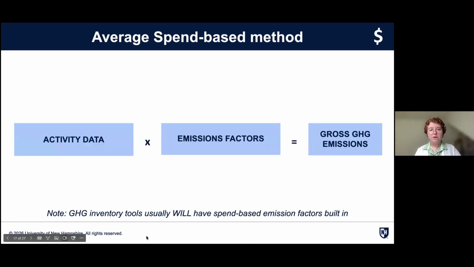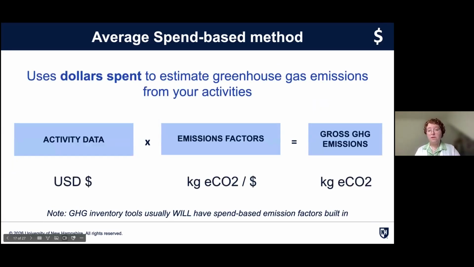With the average spend-based method, you're multiplying the dollars you spent on a particular activity or resource by an emission factor that has emissions per dollar spent to get your greenhouse gas emissions estimate. And most inventory tools will already have spend-based emission factors built in.